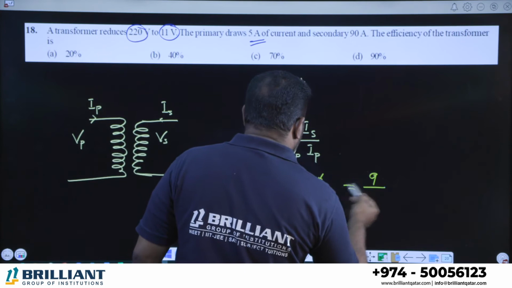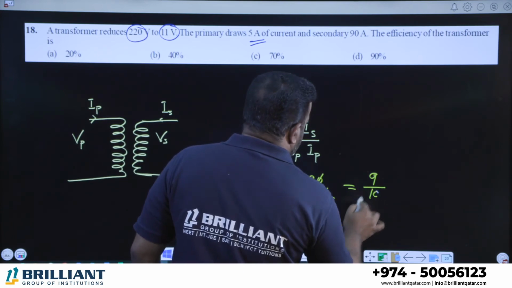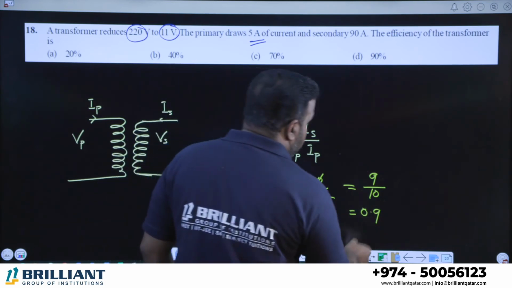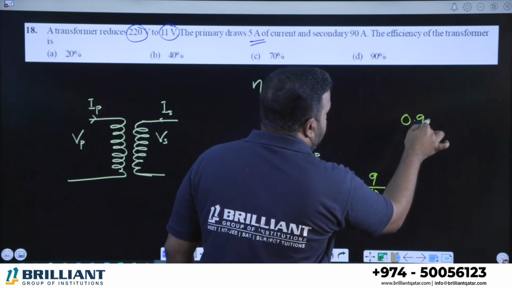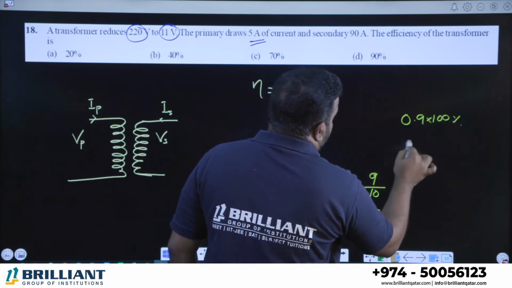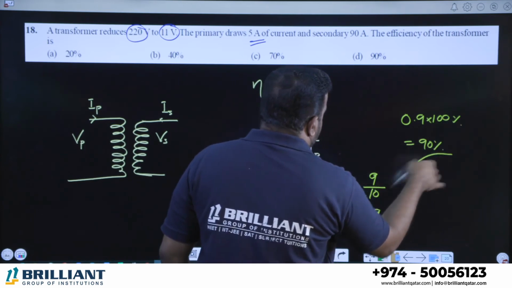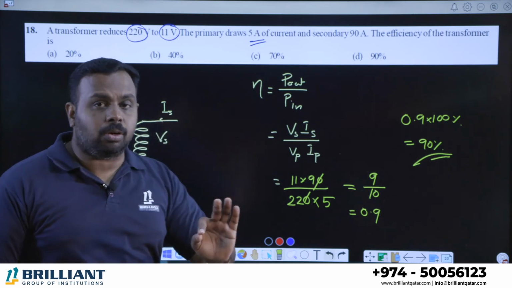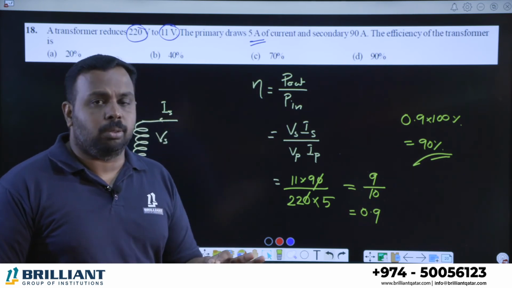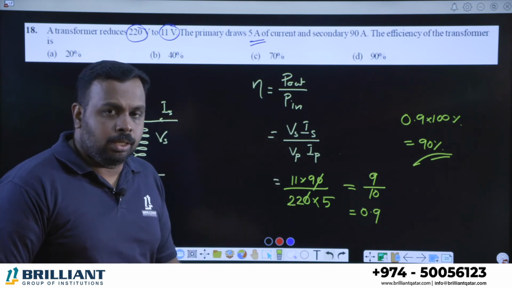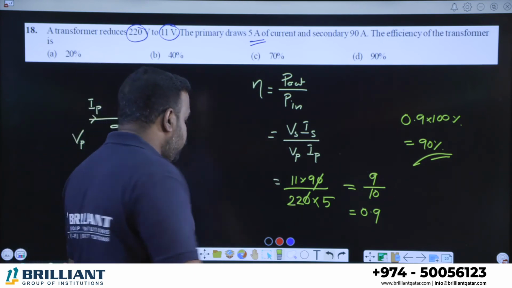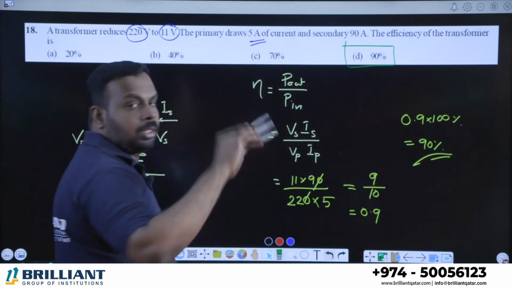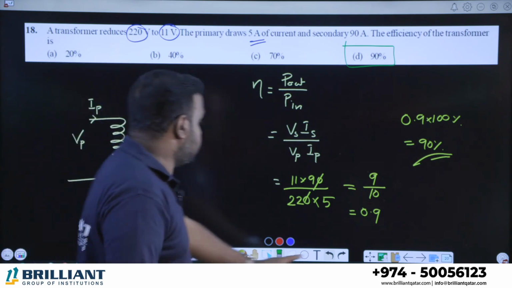So 9 by 2 into 5, 10, so 0.9. 0.9 is the efficiency, but if they are asking it in percentage, 0.9 into 100% will be equal to 90%. 90% is the efficiency. Very simple question. Please don't make any silly mistake here. Efficiency formula is output power by input power, VS IS by VP IP. So the answer is 90%, option D. Okay, next question, number 19.